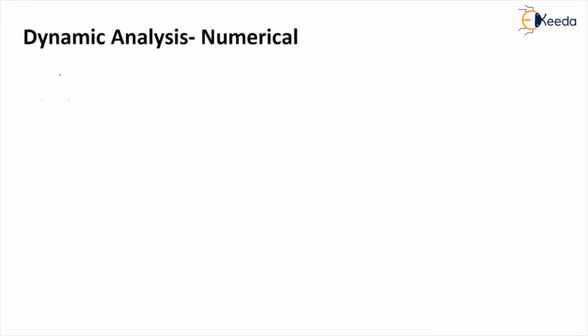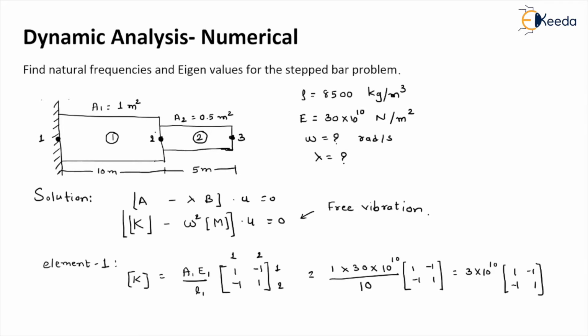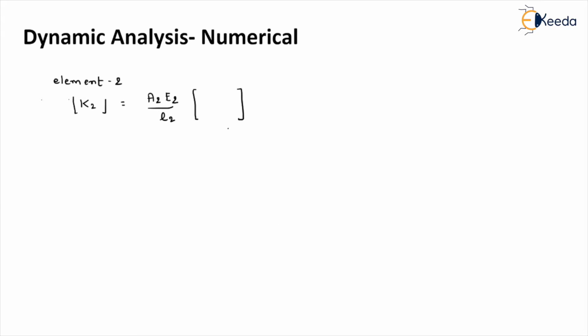For element number 2 we have K2, the stiffness matrix A2 E2 divided by L2, and this element is in between node number 2 and node number 3. So in this stiffness matrix it would be 2 3 2 3, same 1 minus 1 minus 1 1.